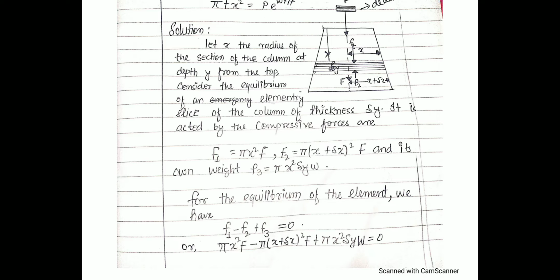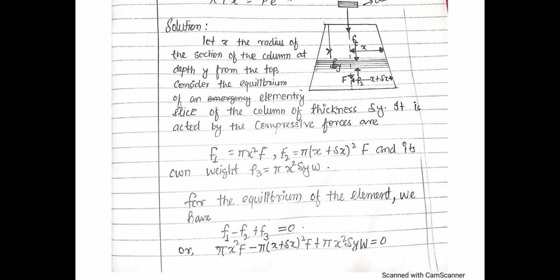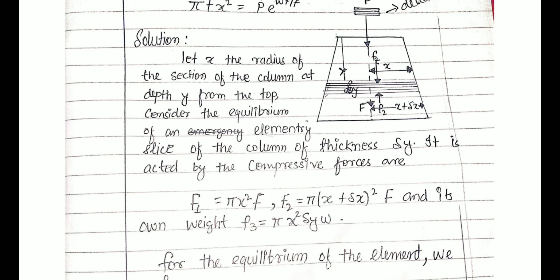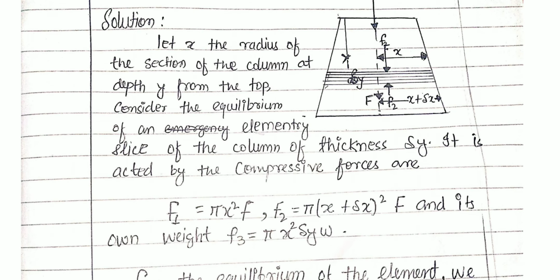The first force, F1, is equal to pi x square times f. The second force, F2, is pi times (x plus del x) whole square times f. And its own weight, F3, is pi x square del y times w. Let's look at the picture, which shows everything clearly.